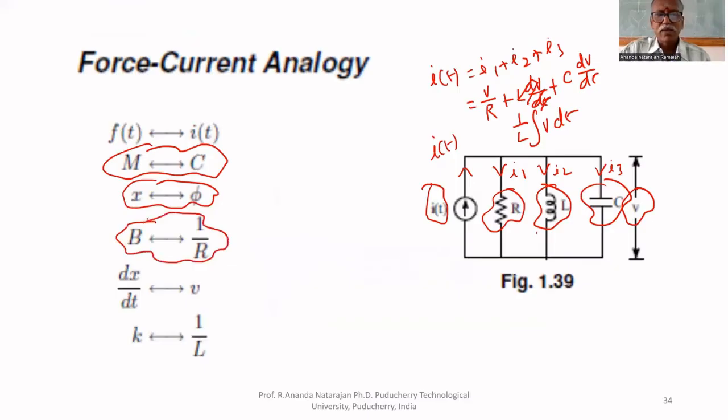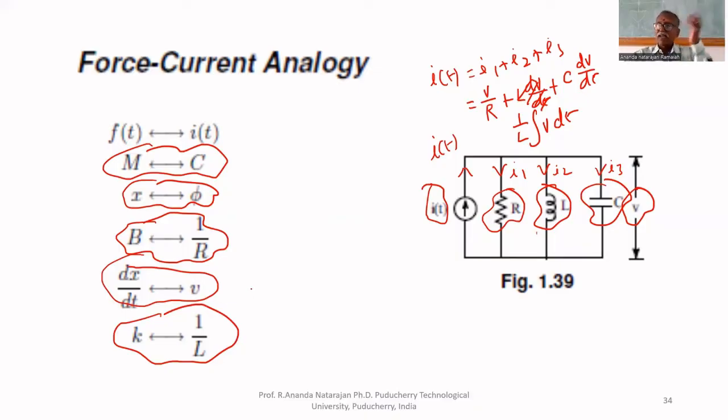B is identical to 1 by R. Dx by dt equal to V, already we have seen. K equal to 1 by L. Earlier B equal to R, now B equal to 1 by R.